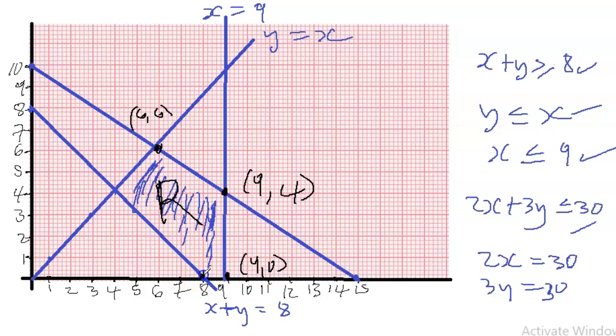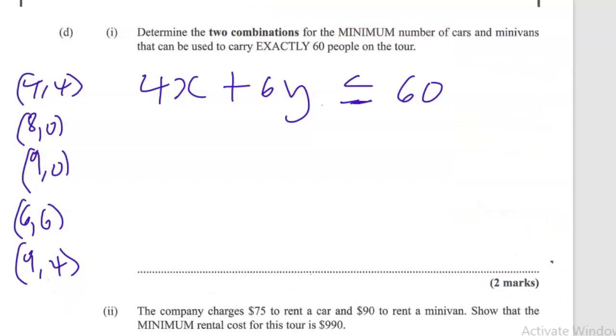This is 8, 0. And this is 4, 4. Let's copy all these points to the question, the possibilities. These are the critical points we identify on the graph.